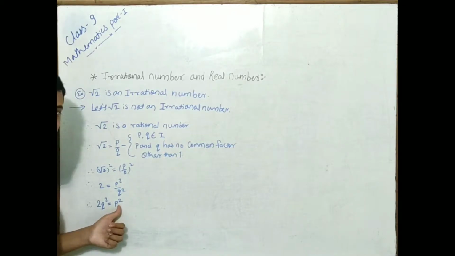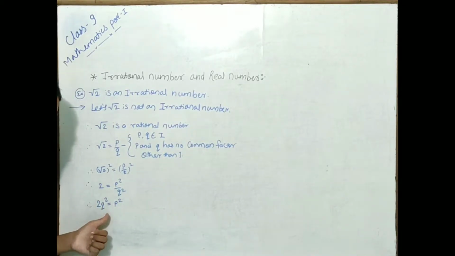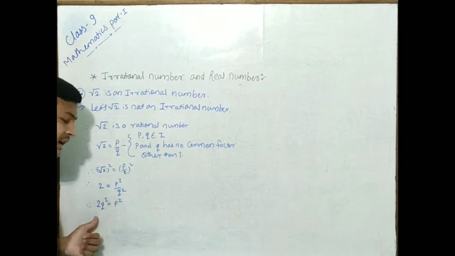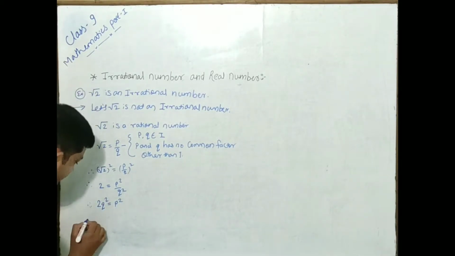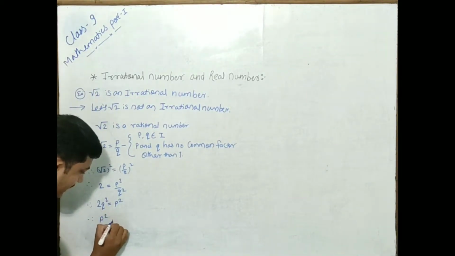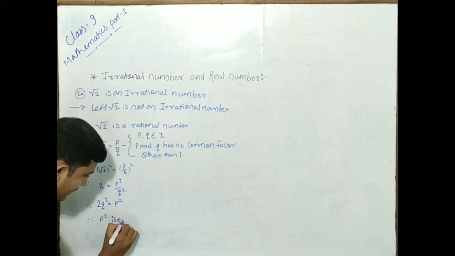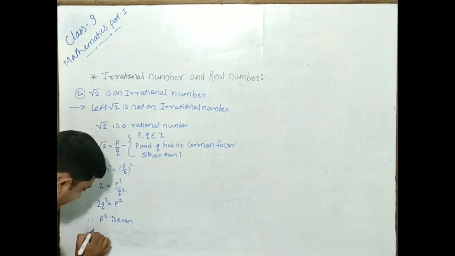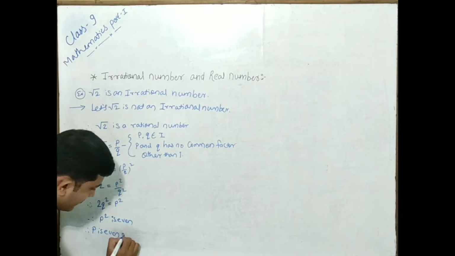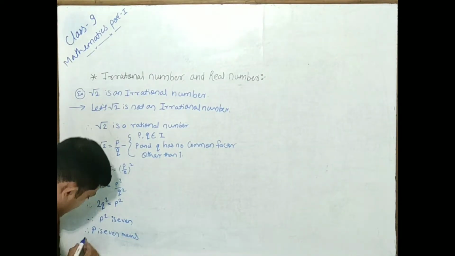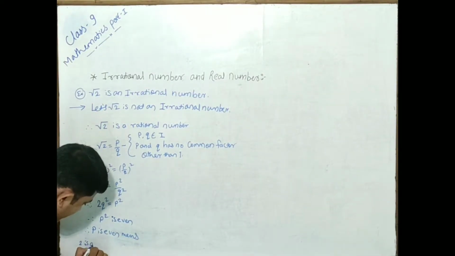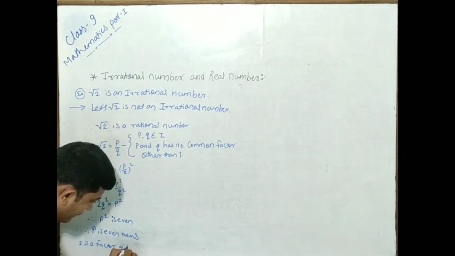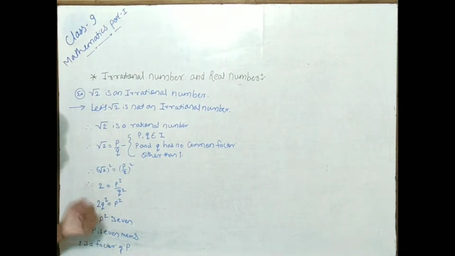Now the value of p square is 2 times q square, which means p square is a multiple of 2. Therefore p square is even. If p square is even, then p is also even. Means 2 is a factor of p.